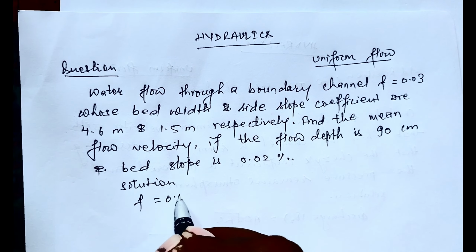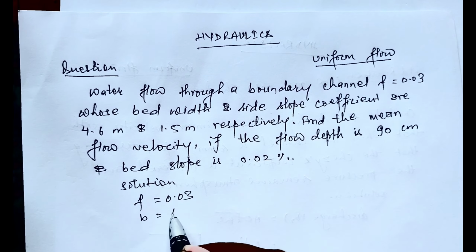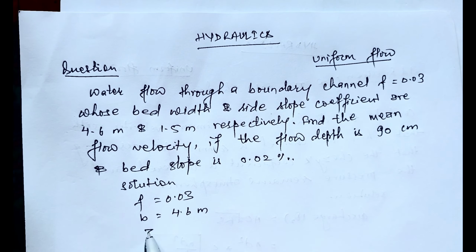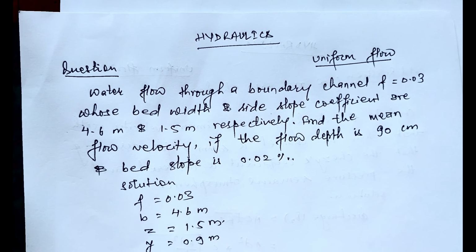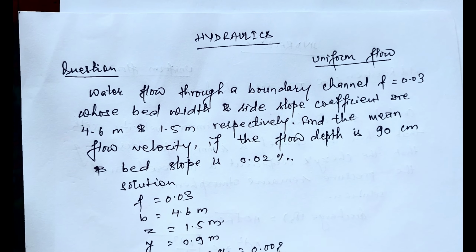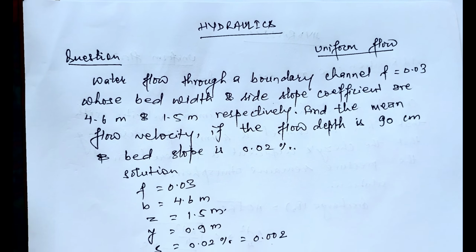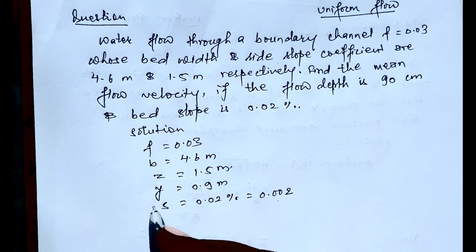So let's start the solution from the given data, where f equals 0.03, b equals 4.6 meter, z equals 1.5 meter, y equals 0.9 meter, and slope s is equal to 0.02%, which is equal to 0.002. Now we have to find the mean velocity.